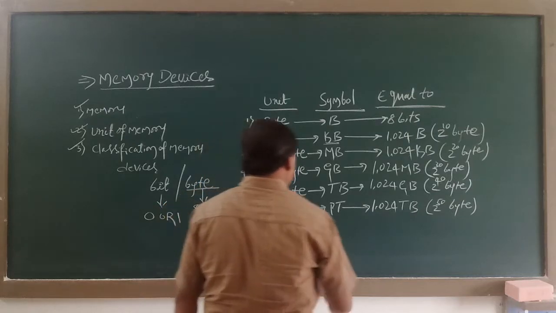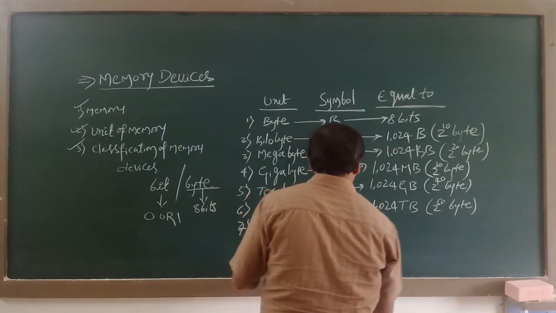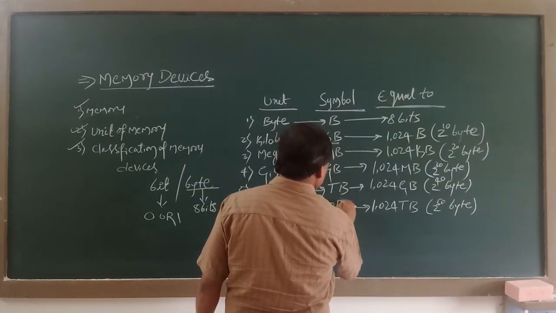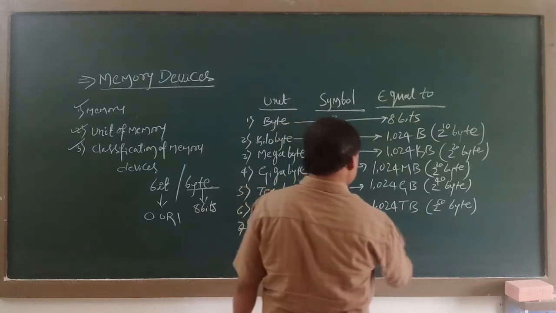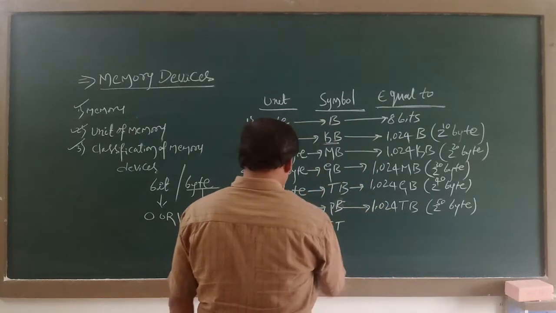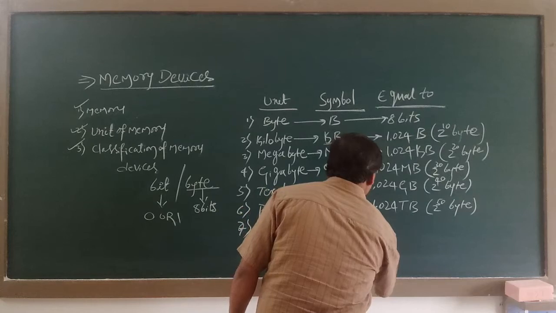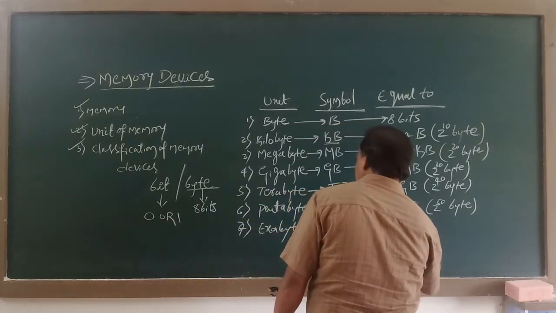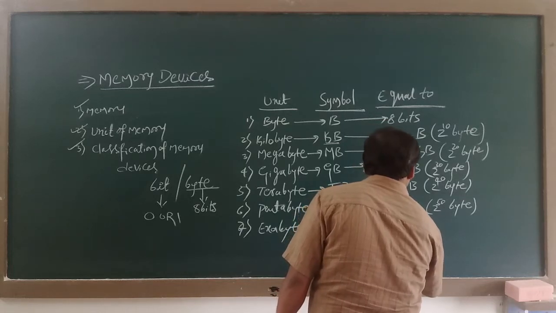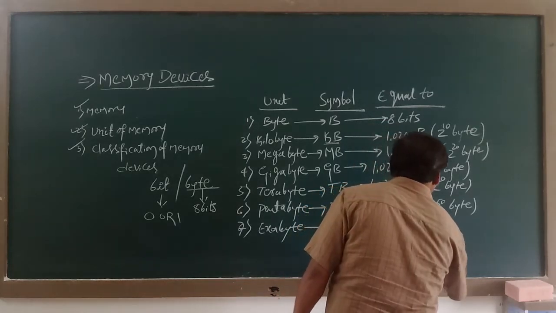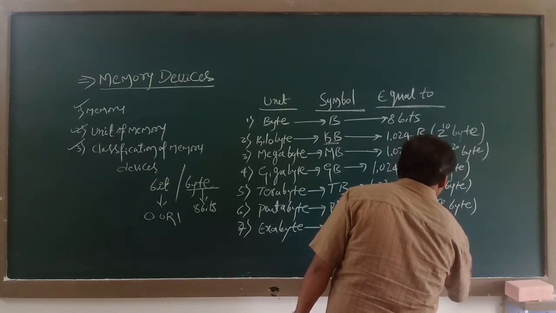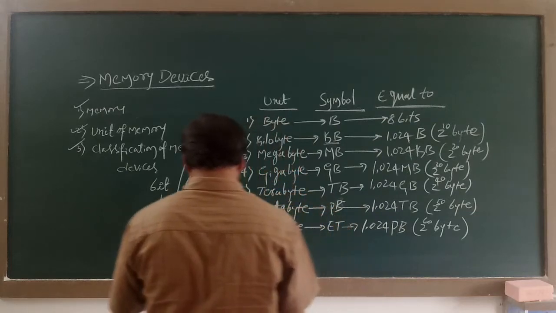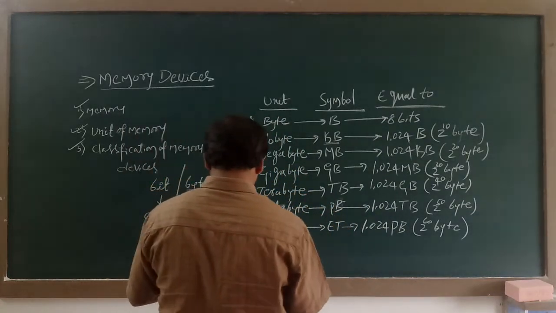Exabyte is 1024 petabytes, that is 2 power 60 bytes, 2 power 60 bytes. Next, zettabyte.